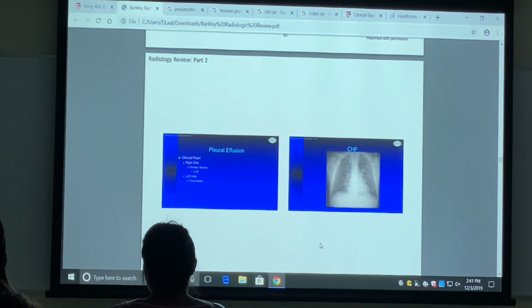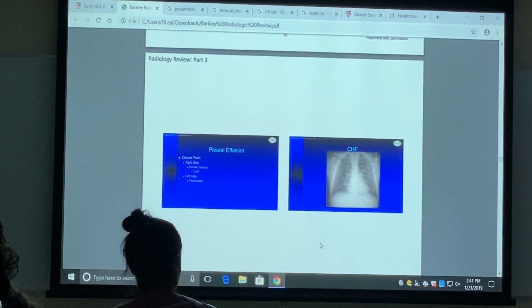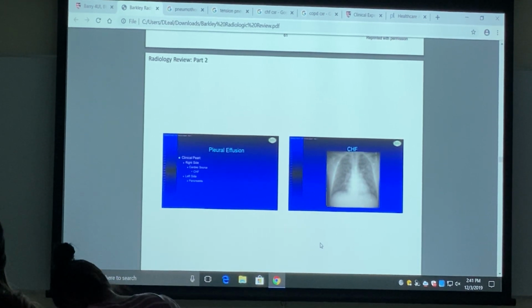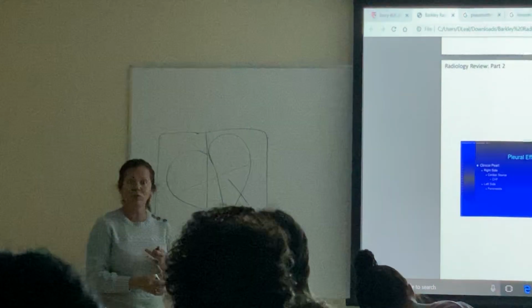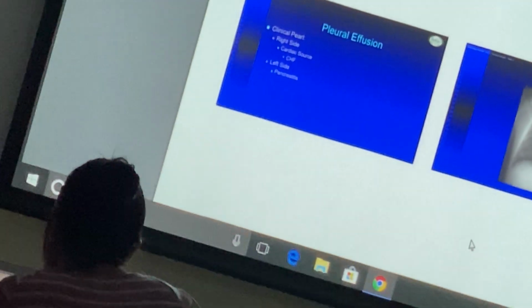This is the left side of the heart and the left side of the lung. So imagine that this is your chest, right? Divided in there, right? So if you have left-sided heart failure, meaning that you either have a left-sided valvulopathy or decreased ejection fraction, imagine aortic stenosis or mitral stenosis, what's going to happen with the pressure?